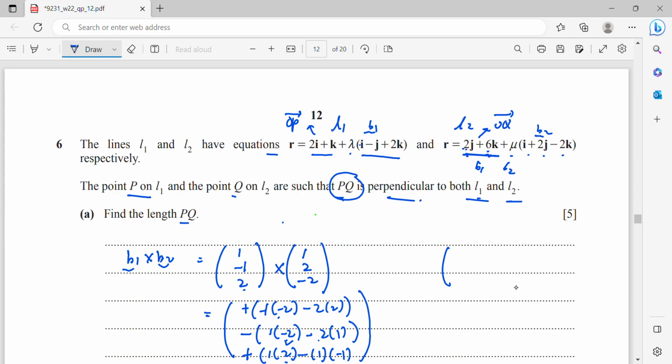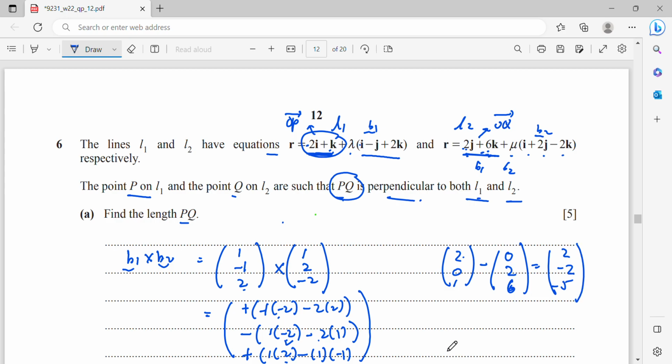For the first line, this is 2i plus k. I can write this as 2, 0, 1, which is 2i plus 0j plus 1k, from the L1. I minus the second point, the point on the second line, 2j plus 6k, which means 0i, 2j, 6k. So when I minus, this will be 2, minus 2, minus 5.